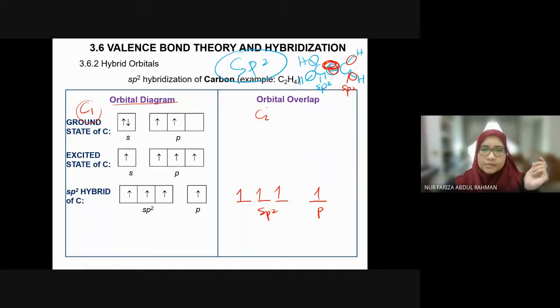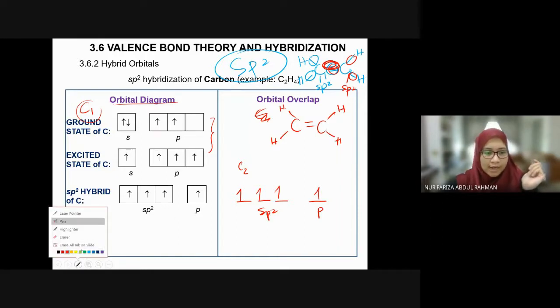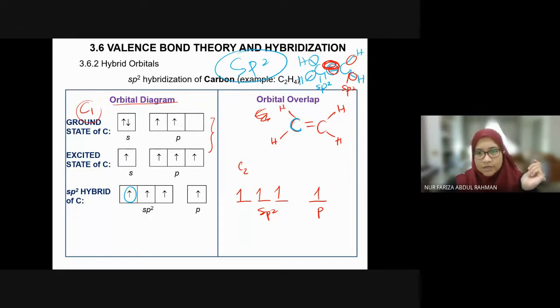Maybe I can draw the Lewis structure down here. So this is C2. Saya cut short dekat sini, terus je straight forward pergi kepada the hybrid orbitals. If we were to form a bond with another atom, which is in this case hydrogen, refer to the Lewis structure just now. This carbon will form bond with 2 hydrogen, right?